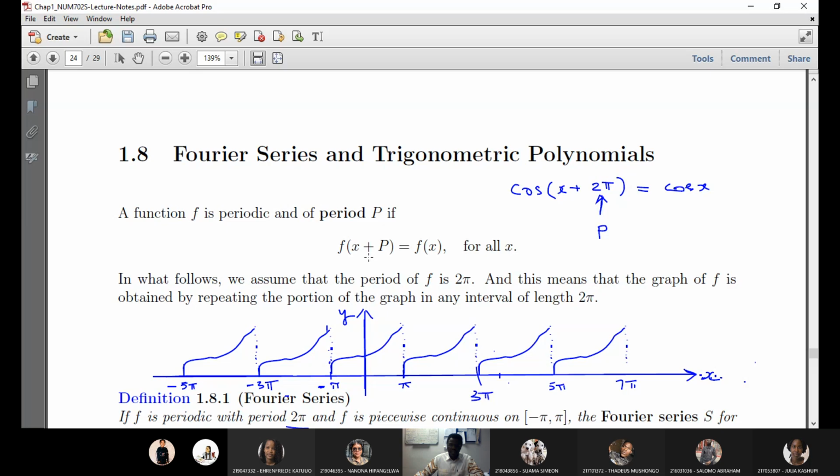Let's say for instance, the case of the cosine function is obvious. We know that cosine of 0 is 1. Cosine of 0 is 1.